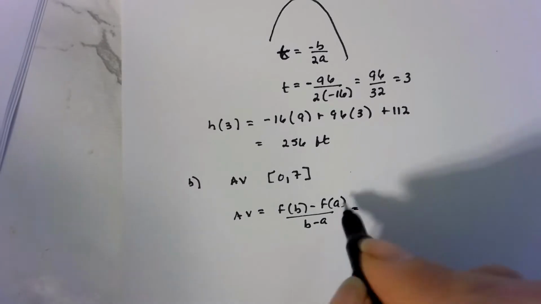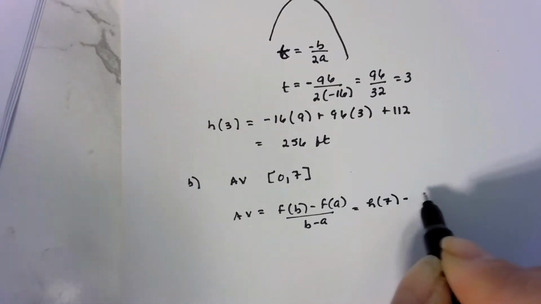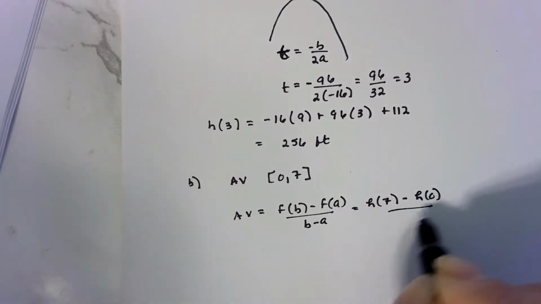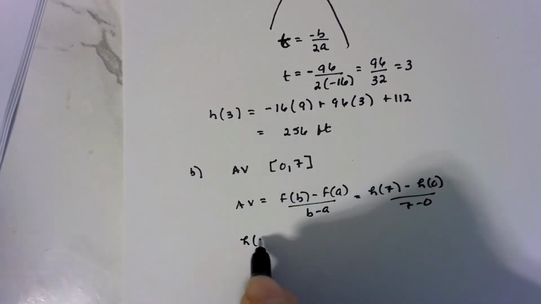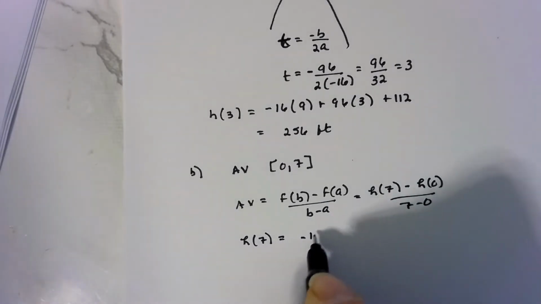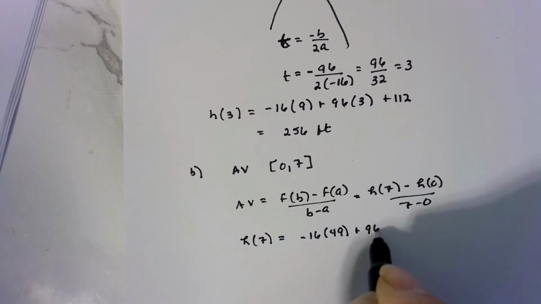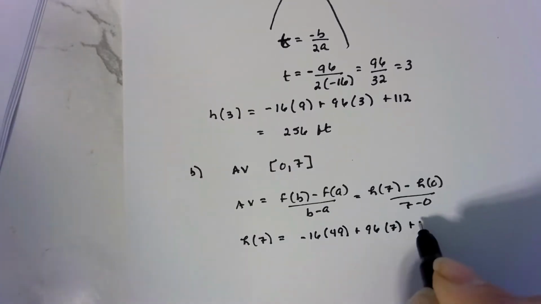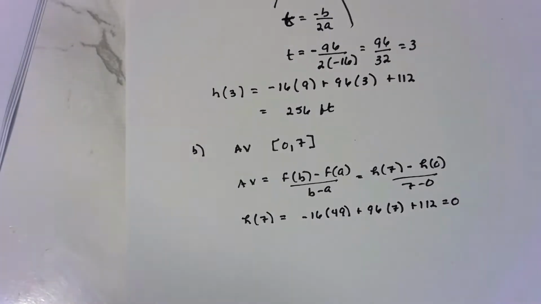So that means, well, I should use h here, but h of 7 minus h of 0 over 7 minus 0. Well, if I compute h of 7, that's going to give me negative 16 times 7 squared, which is 49, plus 96 times 7, plus 112, which is 0. H of 7 is 0.